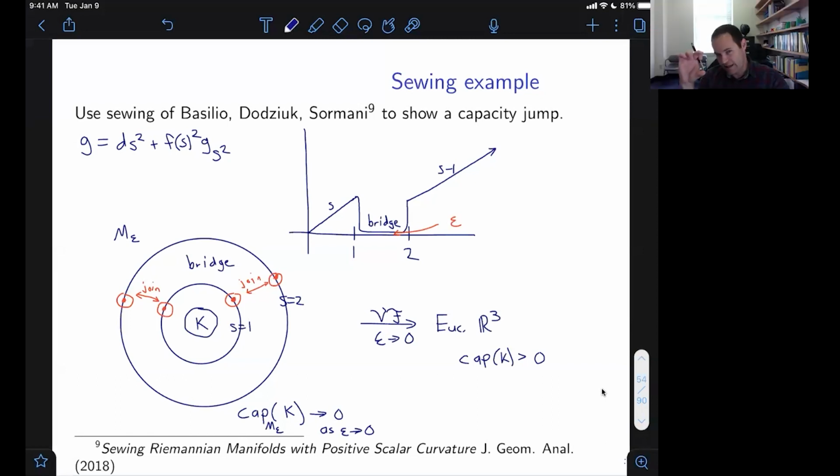The bridge stays length 1. So the neck's actually getting smaller and smaller. So without doing the sewing, it would actually converge to 2 separate pieces. It would converge to a ball complement and then a separate ball that's a positive distance away from it.